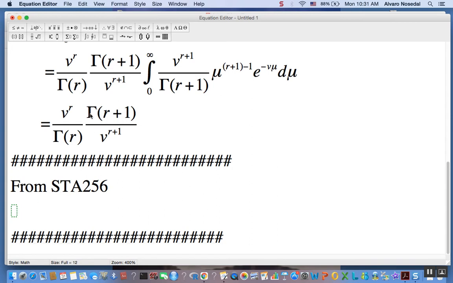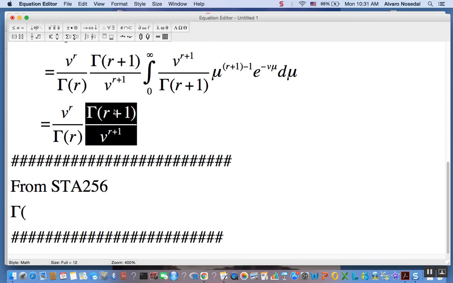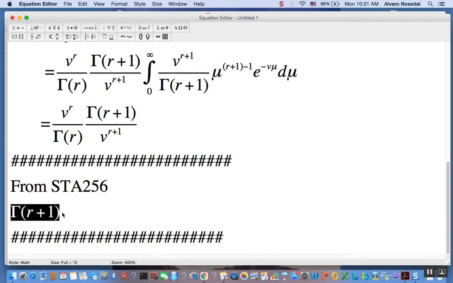Just use the definition of the gamma function and integrate by parts. So we have that gamma evaluated at r plus 1 is the same as r times the gamma function evaluated at r.